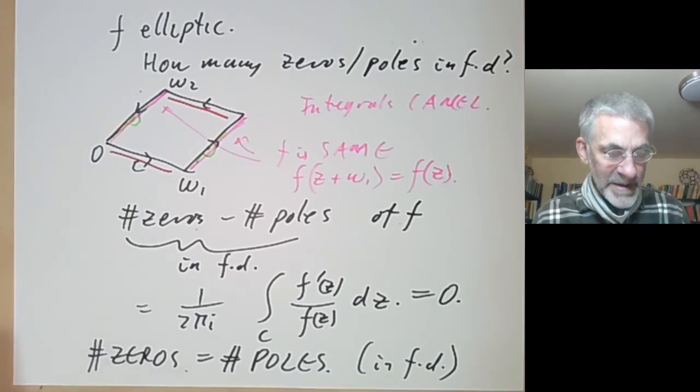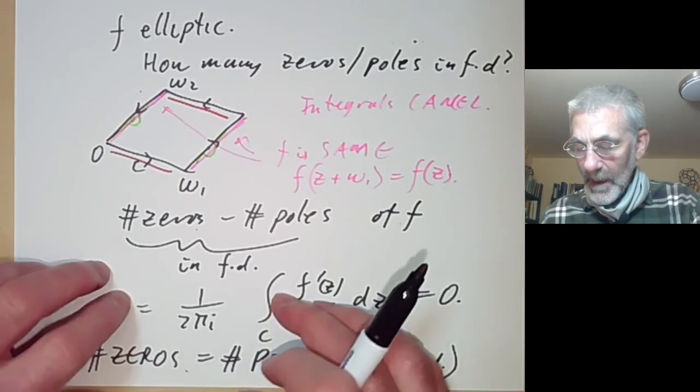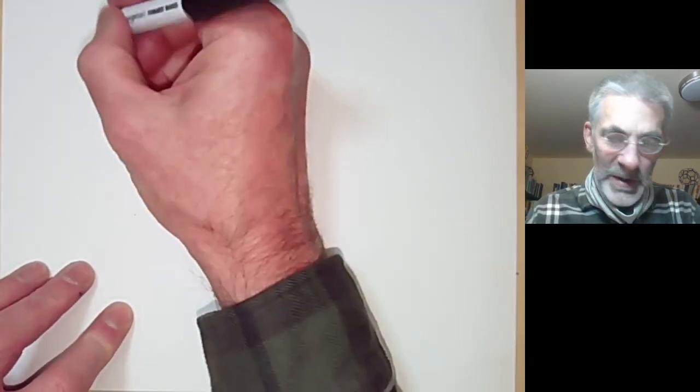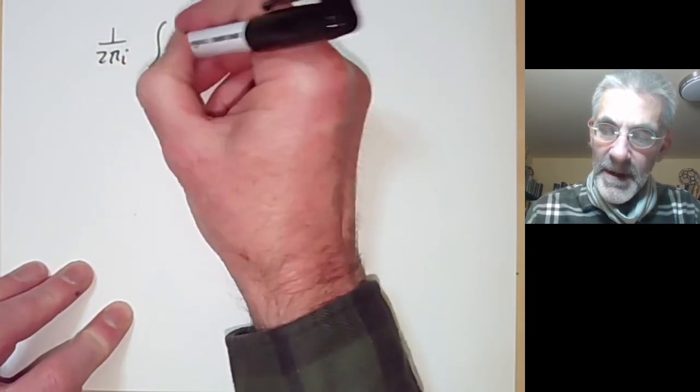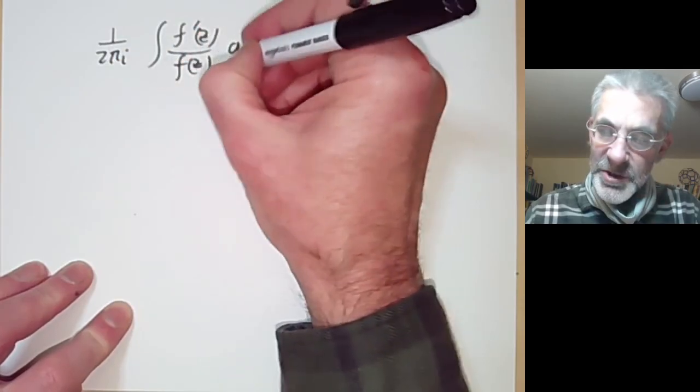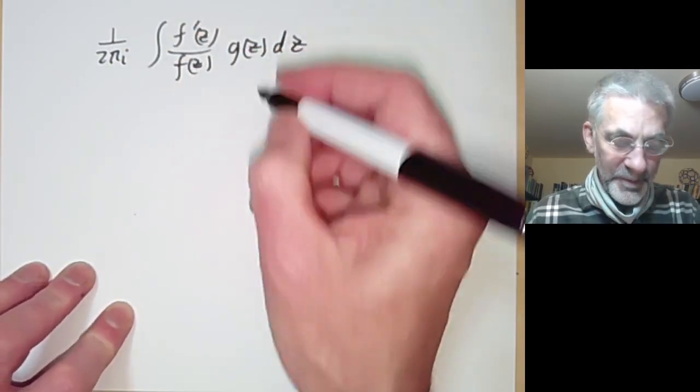So next, we can push this idea a little bit further, because suppose we look at 1 over 2 pi i times the integral of f prime of z over f of z times g of z dz.